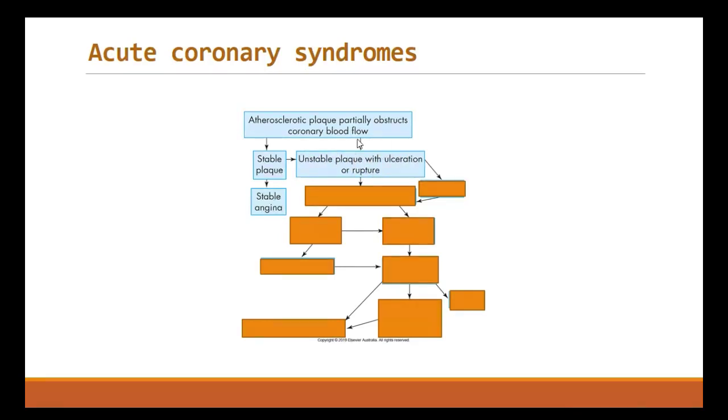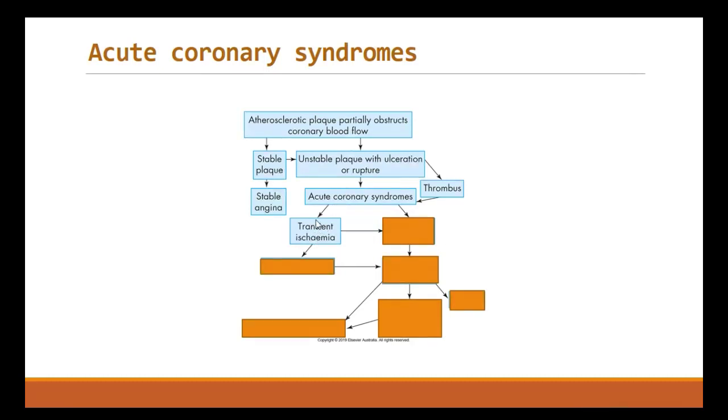If the plaque is unstable, or if there is ulceration, or it gets ruptured, what will happen? You could have formation of thrombus on top of it, and this would lead to acute coronary syndrome. Even without formation of thrombus, the rupture of this plaque and ulceration can also lead to acute coronary syndrome.